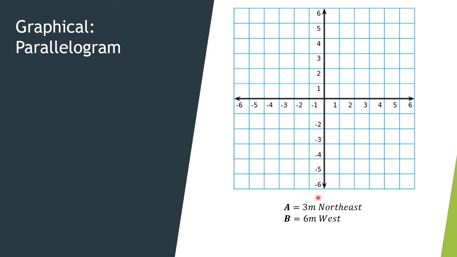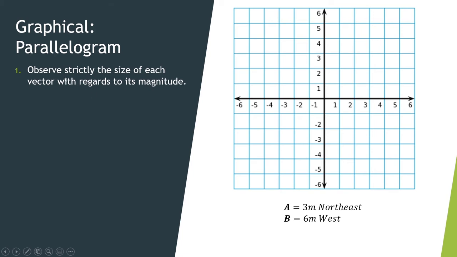Suppose you have a given. This is our given: two vectors, 3 meters northeast and 6 meters west. How do we add this graphically using the parallelogram method? First, observe strictly the size of each vector with regards to its magnitude. The size of that 3 and that 6 matters, how long you will draw it on the graph.